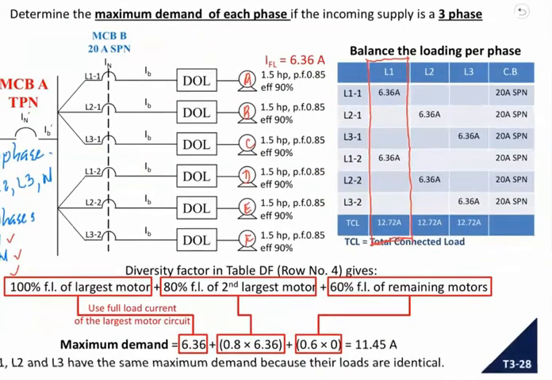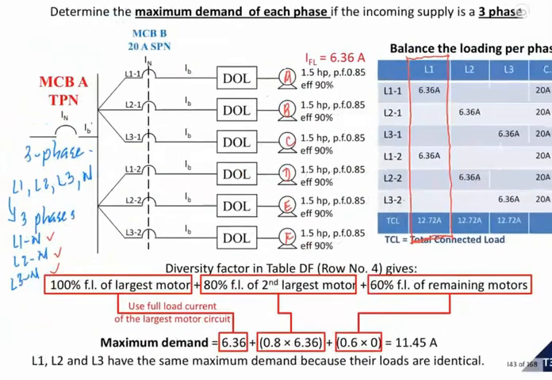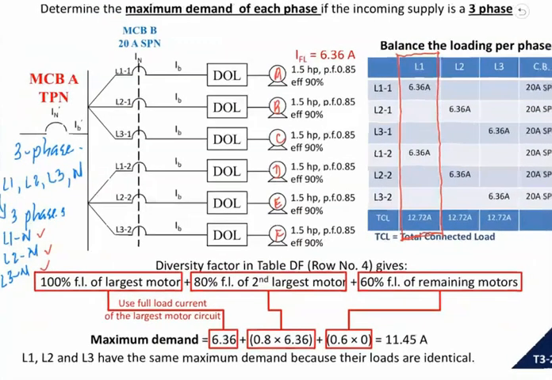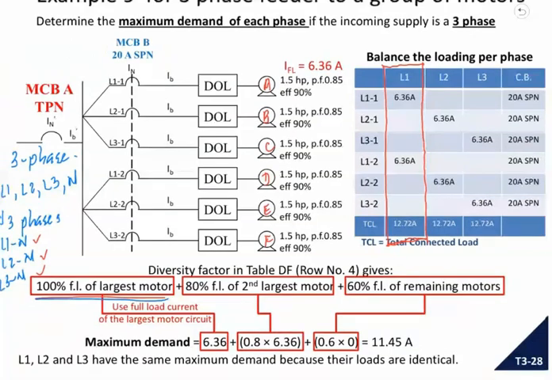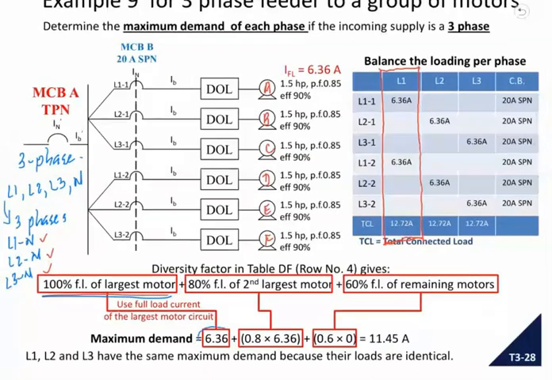So back to this example, we are only going to look at one of the phases. So we see where the differences come in. Nothing has changed. We take 100% of the first largest machine. So we have 6.236 here. Then we take 80% of the second.